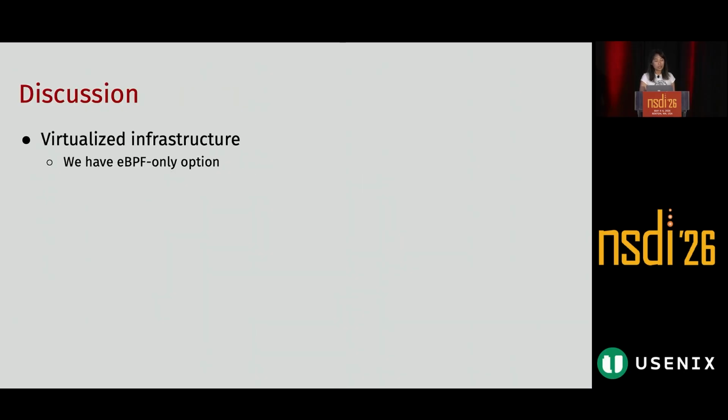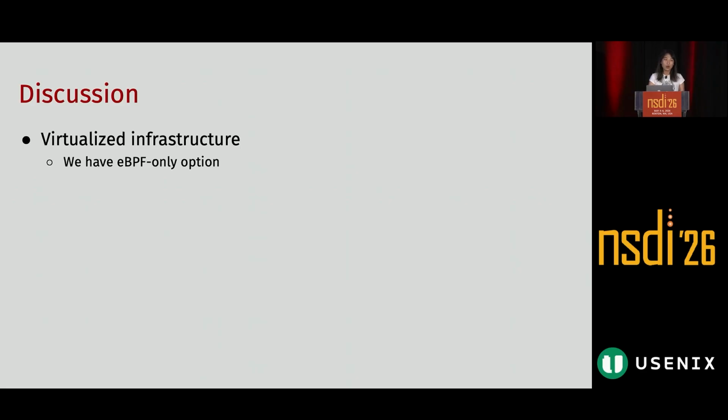Now we discuss some design and deployment implications of XO. First is how to use XO in a virtualized environment or virtualized network infrastructure, which is the case in many clouds. When you have bare metal instances, we can likely use the TC flower offload in the NIC.